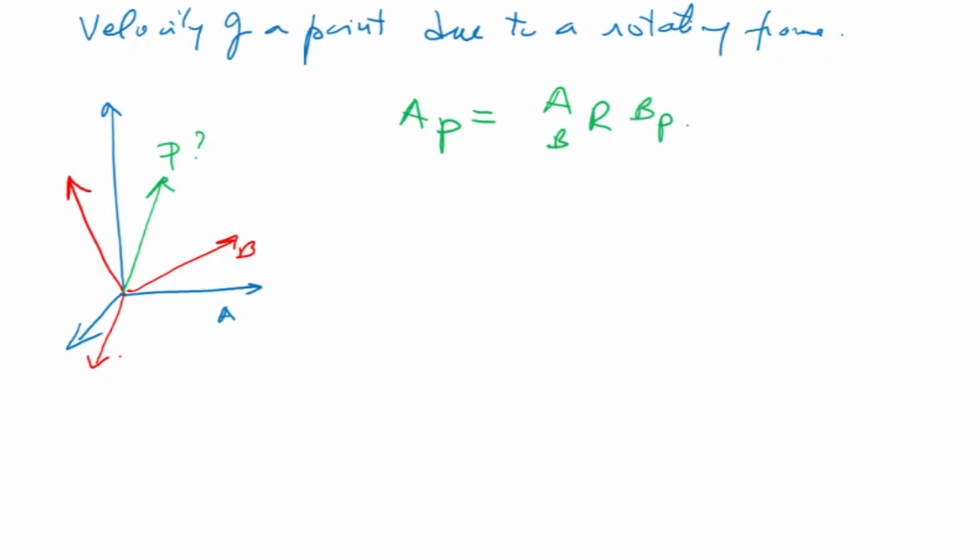So you have AP and you have BP, and the relation between these two is given by the rotation matrix AB. Now if frame B is rotating, then AP will be changing even when BP is constant.